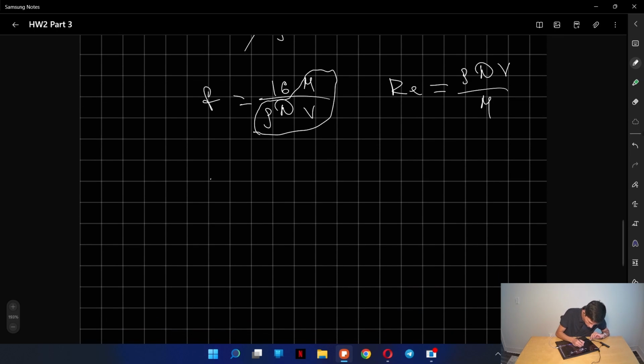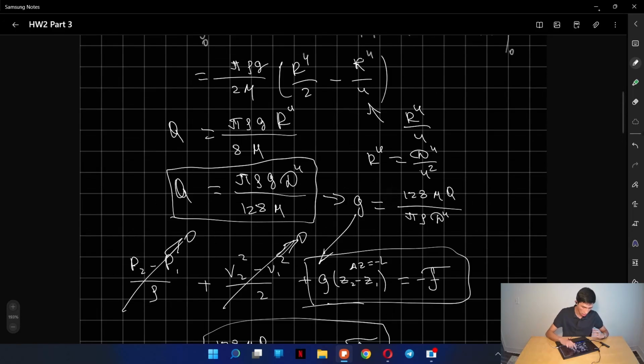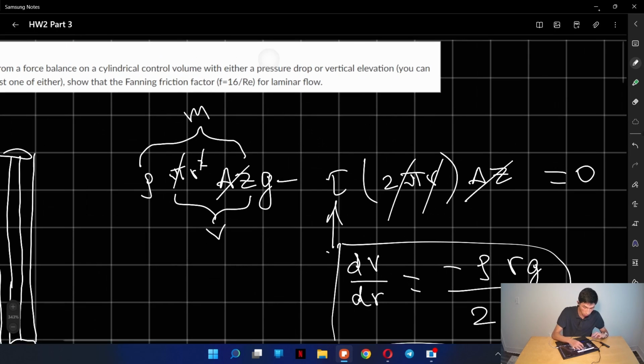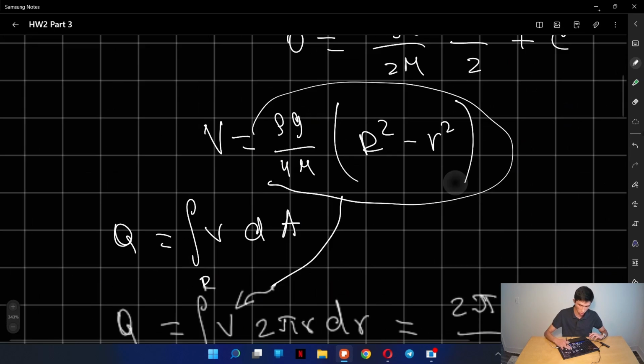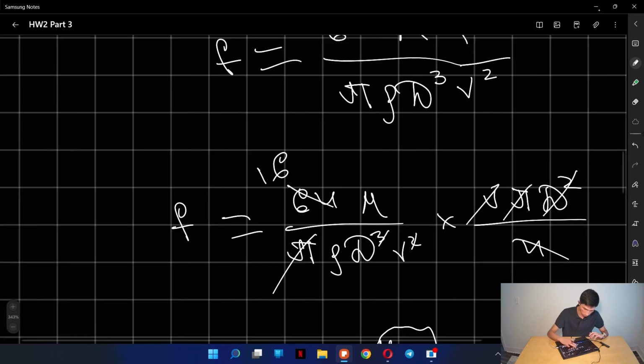Which means my friction factor is equal to 16 over Reynolds number. In this question, we were asked to prove that the fanning friction factor for laminar flow is 16 over Reynolds number, which we proved.